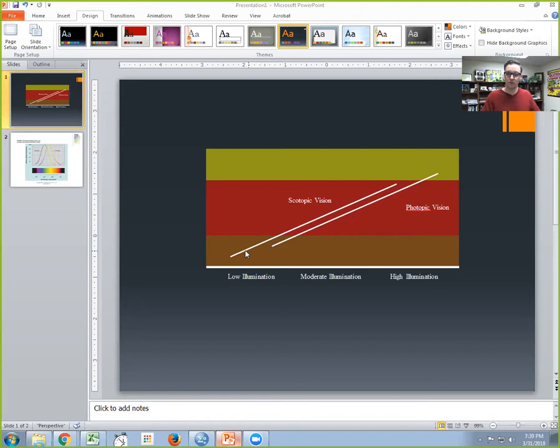You remember back in the example here, when illumination gets low enough, the ganglions that are innervated by cones don't get activated. So in low levels of light, you primarily rely on scotopic vision.